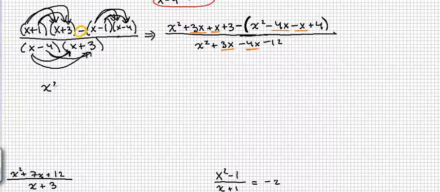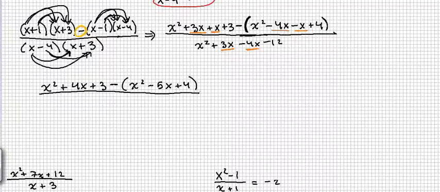We get x squared plus 4x plus 3 minus the quantity x squared minus 5x plus 4, over x squared minus x minus 12.